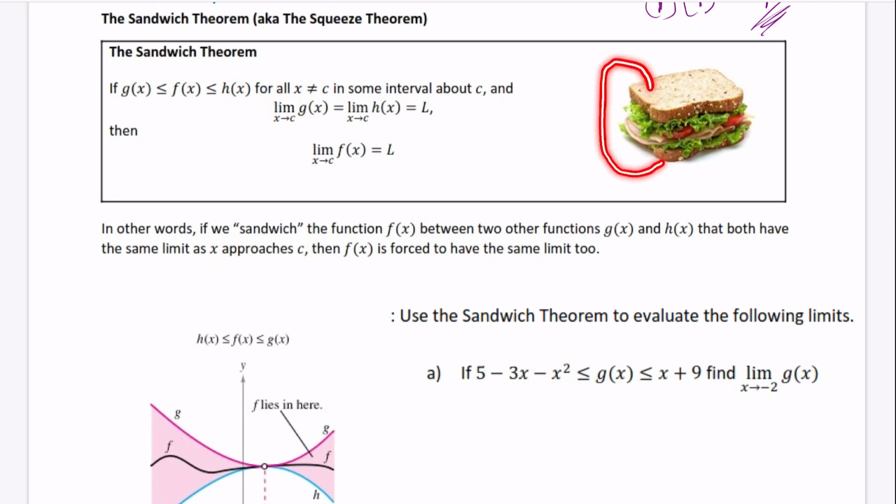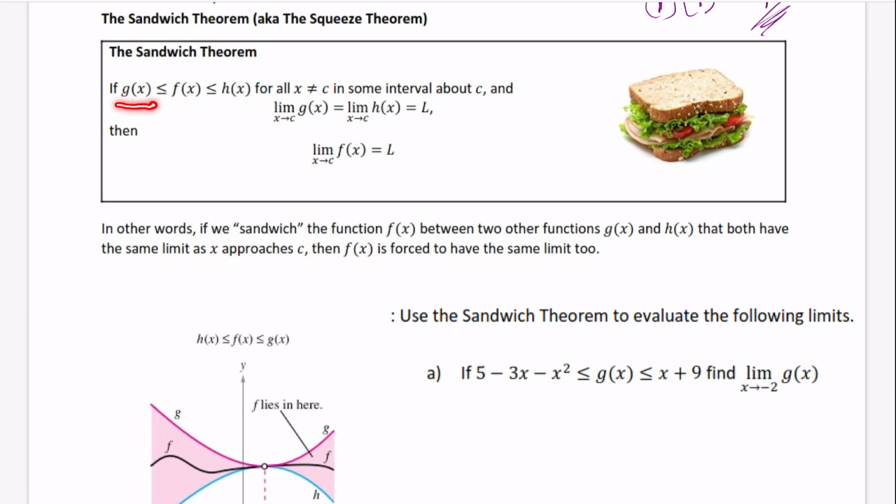If the limit of the top bread function is the same as the limit of the bottom bread function, then your chicken and bacon and cheese function will have the same limit as the top bread and the bottom bread.